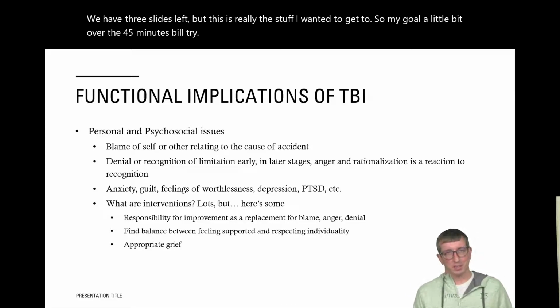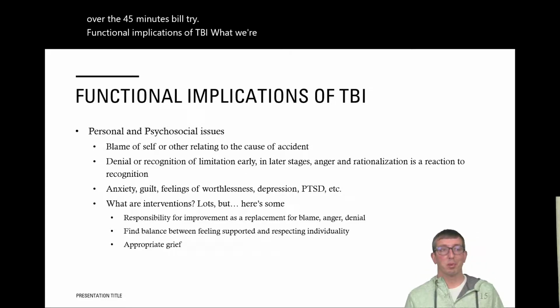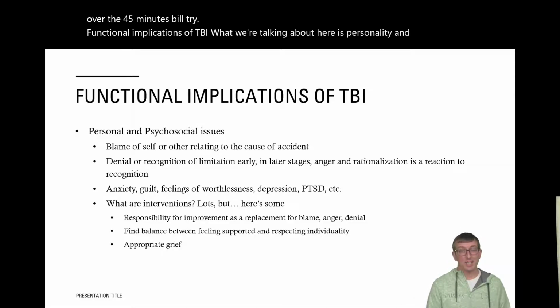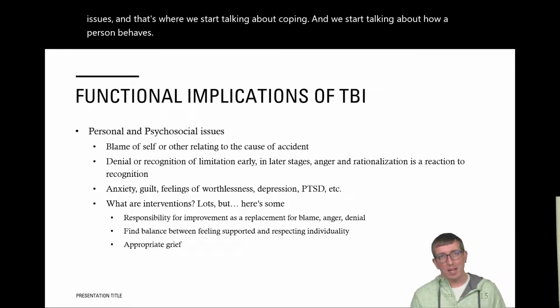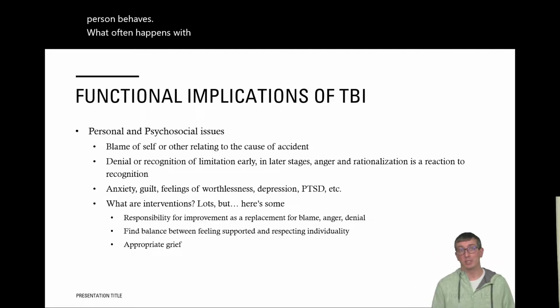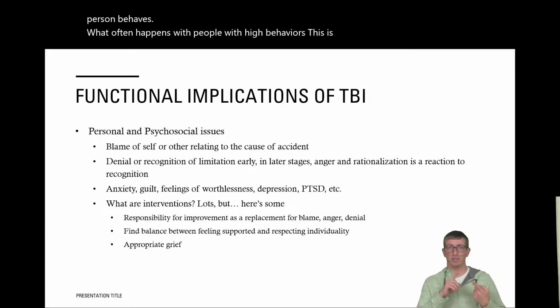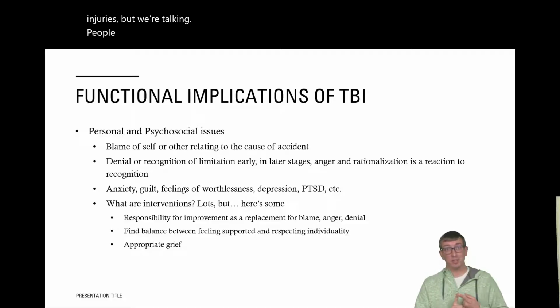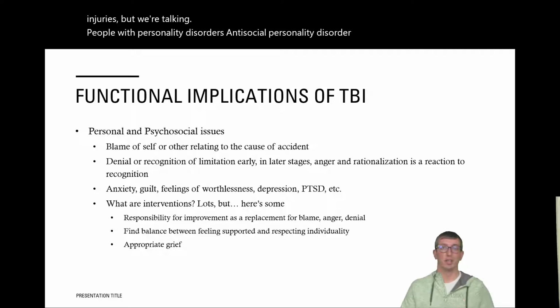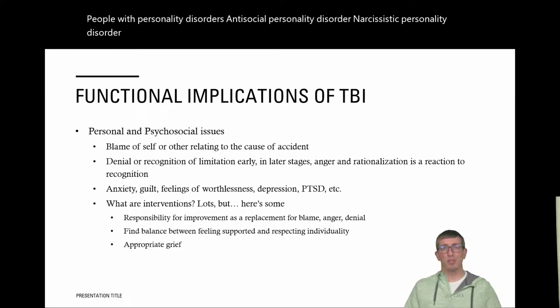Functional implications of TBI. What we're talking about here is personality and psychosocial issues, and that's where we start talking about coping, and how a person behaves. What often happens with people with high behaviors, and this is not just people with brain injuries, but people with personality disorders like antisocial personality disorder, narcissistic personality disorder, borderline personality disorder, is they often end up in prisons.